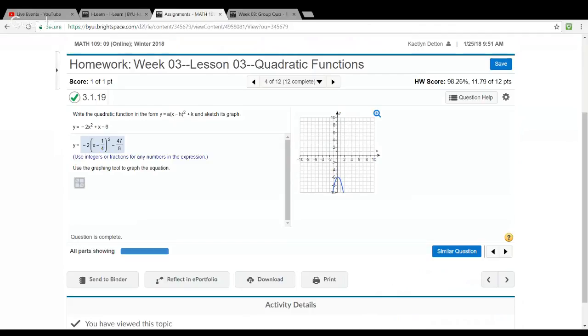Okay. Because, see, like this is, they just added the A pretty much. So we want to get it in this form. And then at that point, we could find H and K, which would be the x-intercepts.